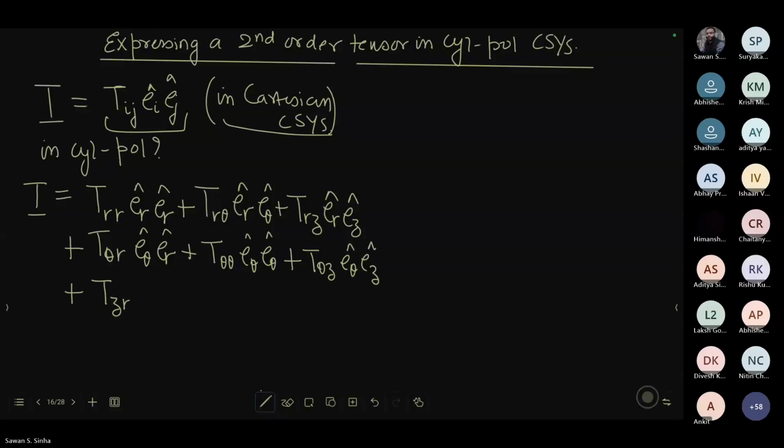TZR. And finally, TZZ, EZ, EZ. That's the full expression of a second order tensor.